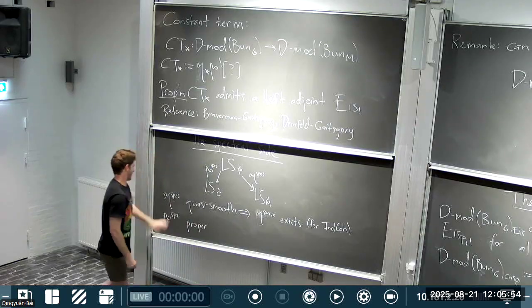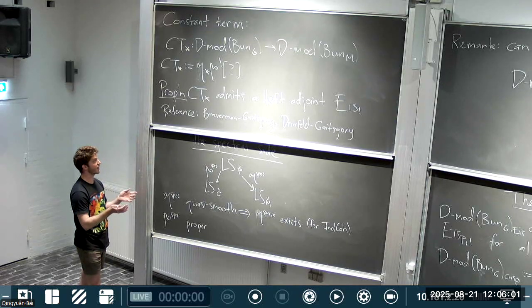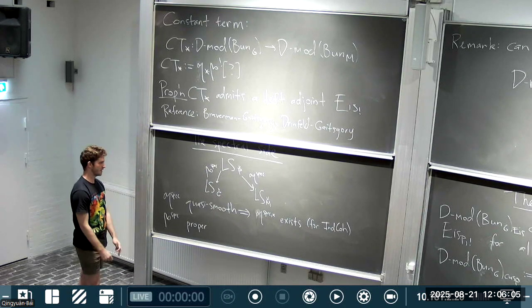Okay. All right. So another geometric property, P spec is proper. This does not happen on the geometric side. The map from Bun B to Bun G is famously not proper.